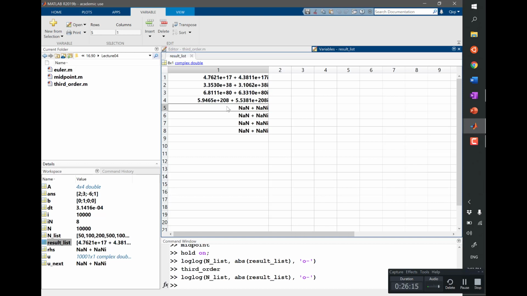A scheme that, however you call it, has blown up or goes unstable or something like this. Okay, why? What actually happened?